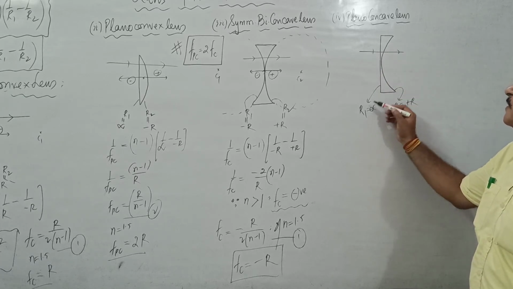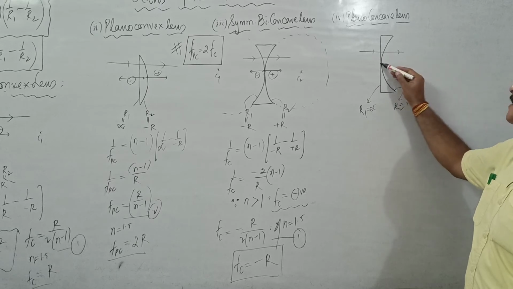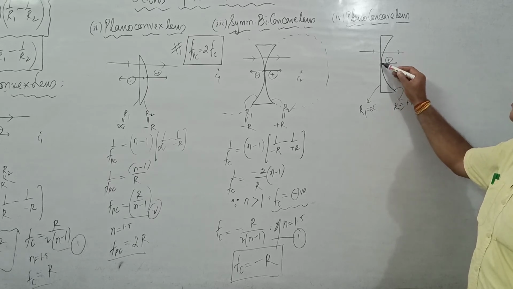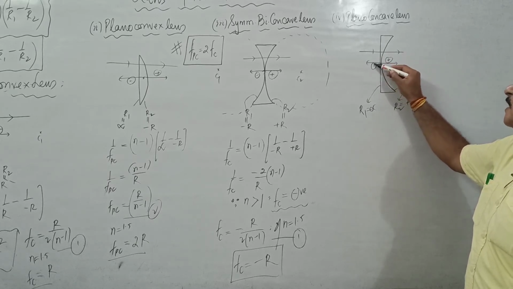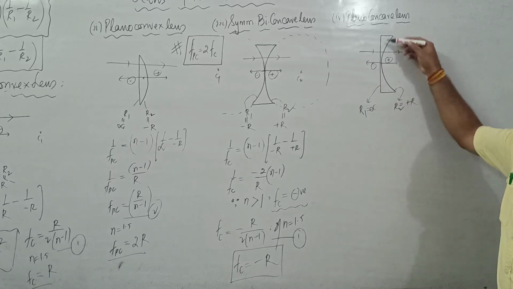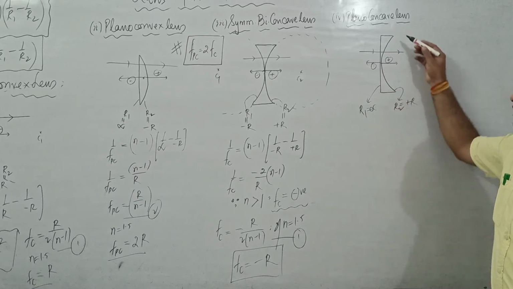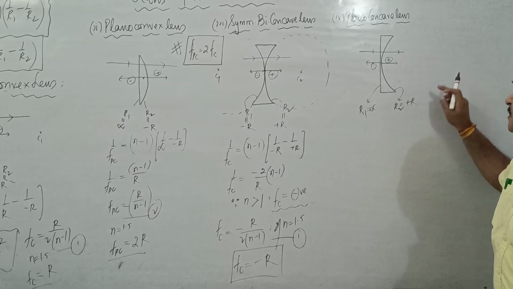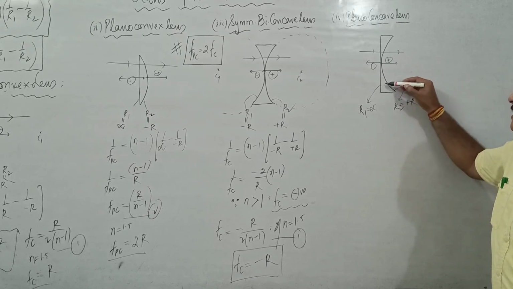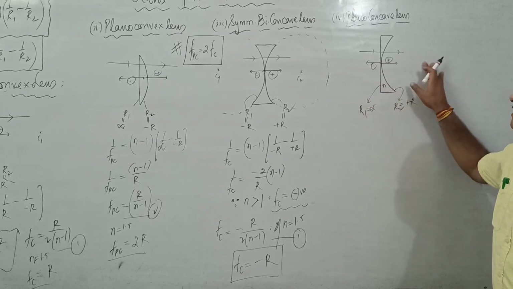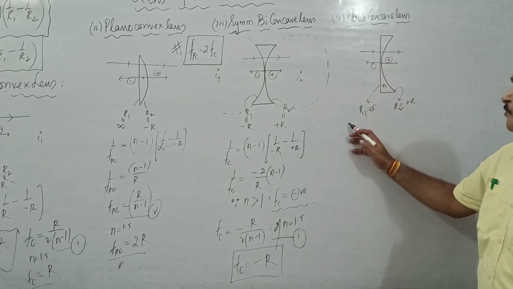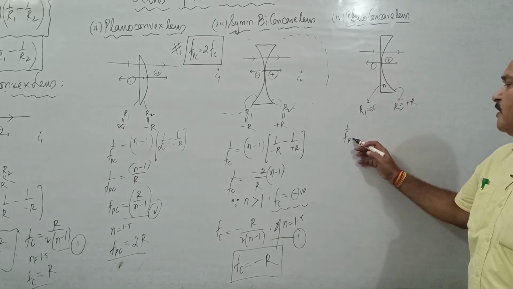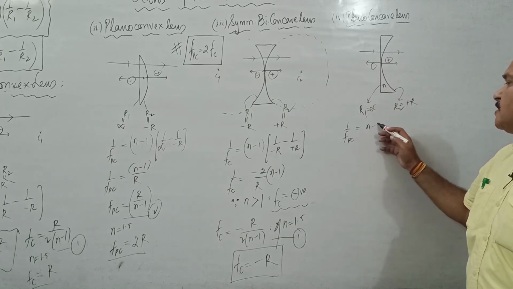Because this is the first surface, incident rays go from left to right, distances in the direction of incident ray are positive, distances opposite to the incident ray are negative. This is a plane surface, radius of curvature is infinite, and this surface has its center on the right side, therefore the distance is positive, plus R. This n is the refractive index, n1 is 1 for the surrounding.